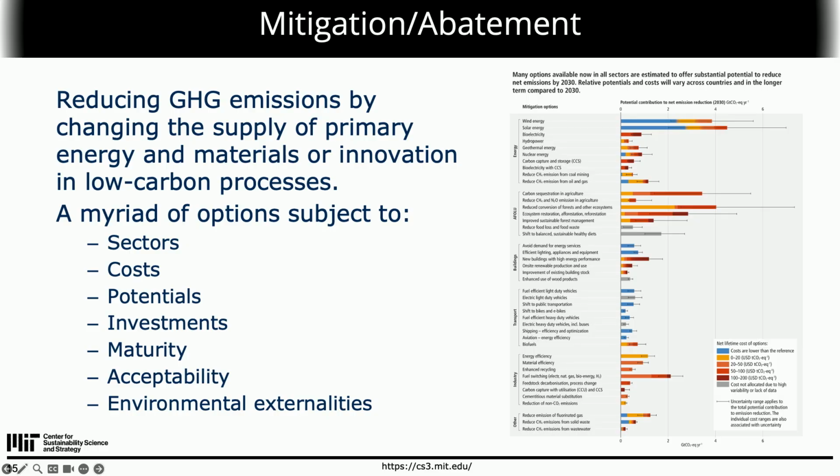And on the x-axis, you have the potential contribution of the listed strategies, and they are colored with their cost. So when it's blue, it's a lower cost, and the redder it gets, the more expensive it gets.